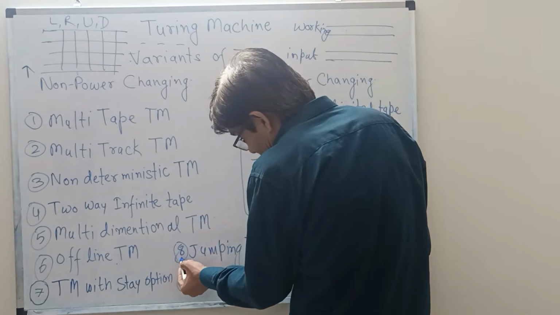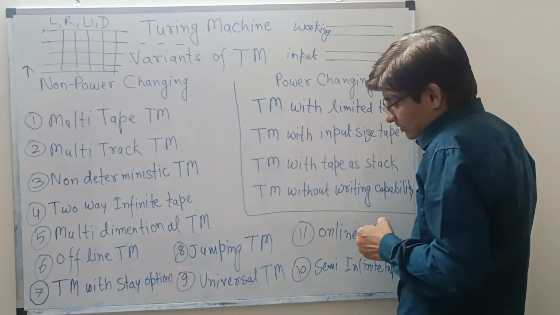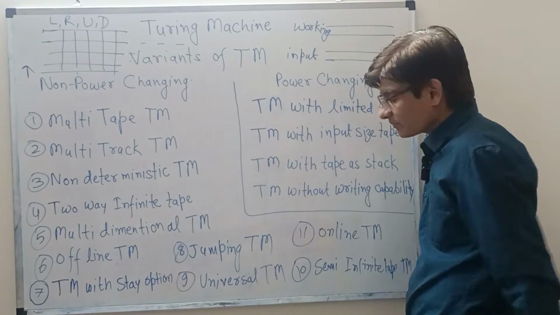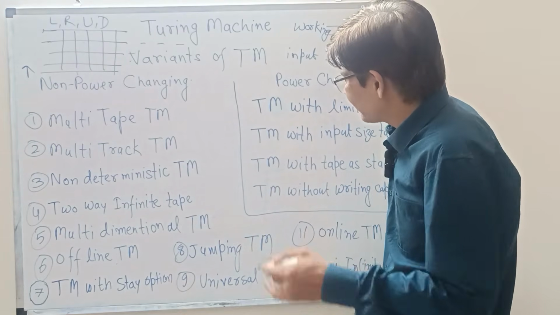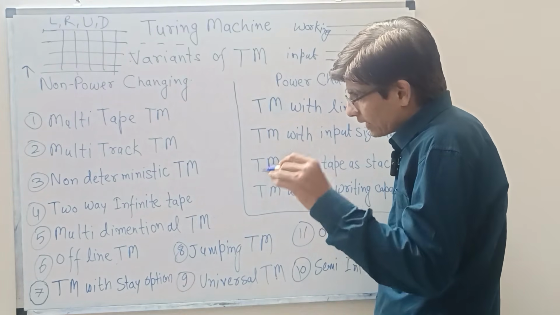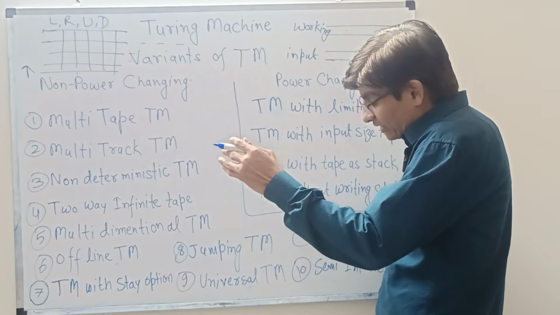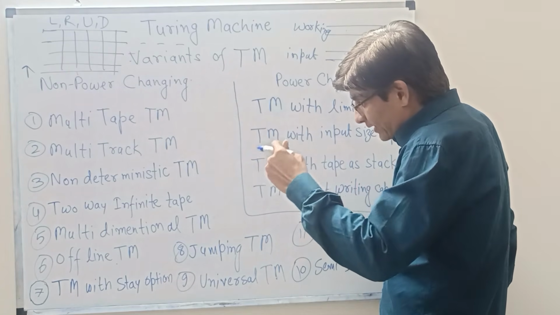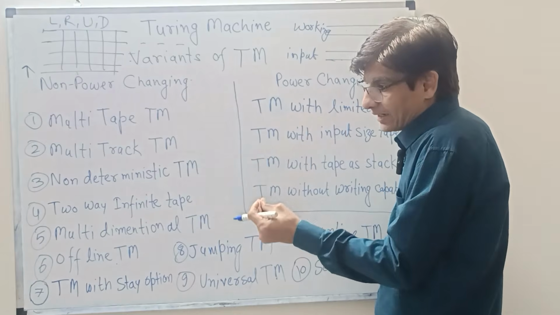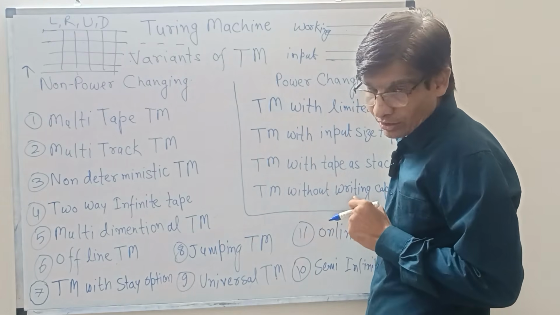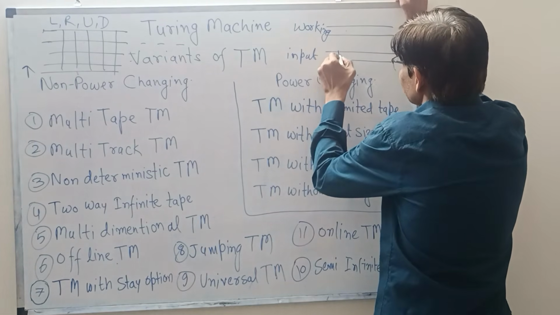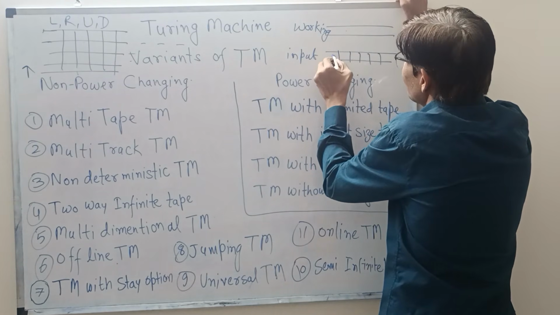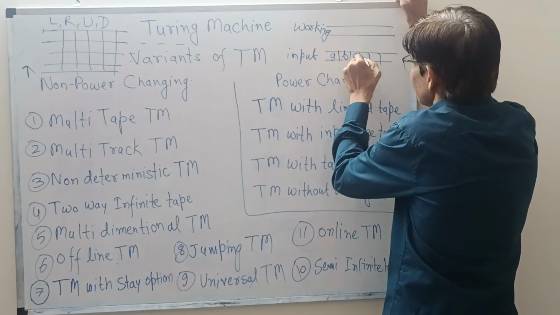Then one more variant of the Turing machine is the jumping Turing machine. In the Turing machines we have discussed till now, we were reading one symbol at a time, and we were moving left or right by one position only. Suppose your input is AB.